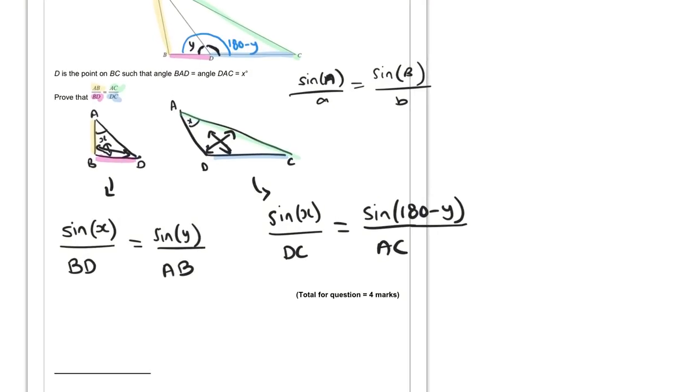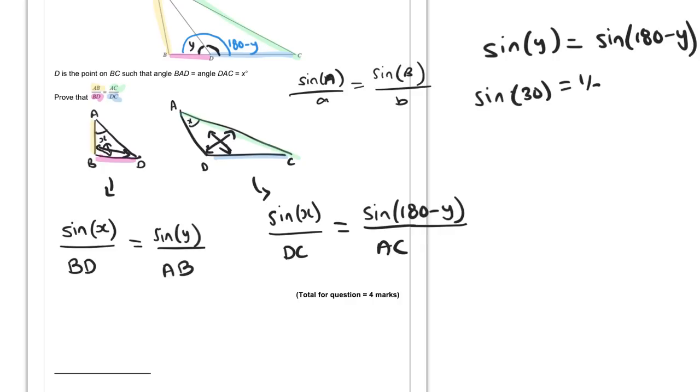Okay. Now, before we go any further, you could do this one or two ways, but first of all, sine of Y equals sine of 180 minus Y. You have to state this fact, and this is true. Why? Think about it this way. Sine of 30 is a half, right?